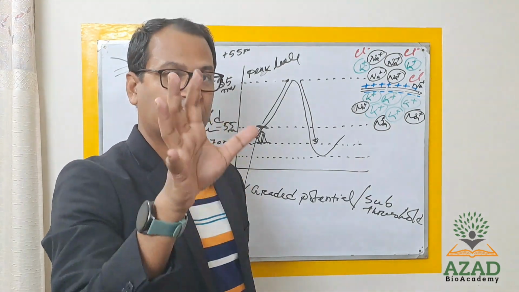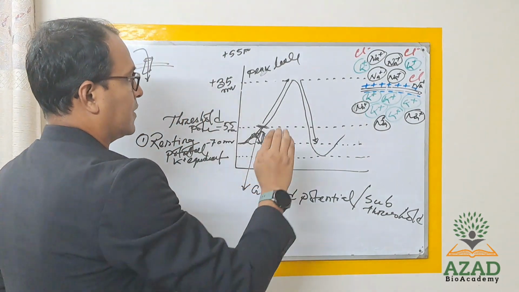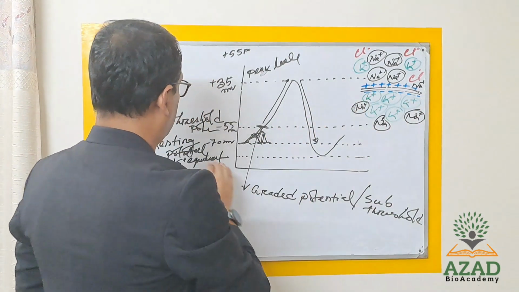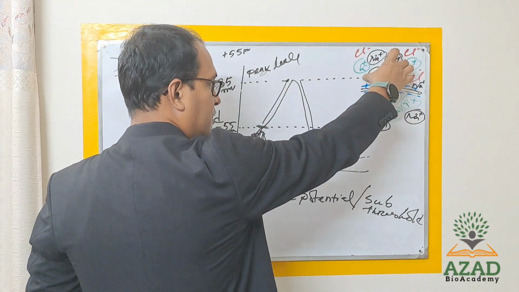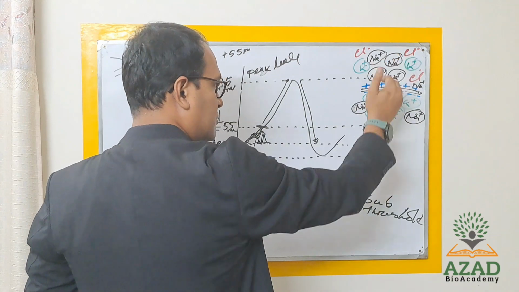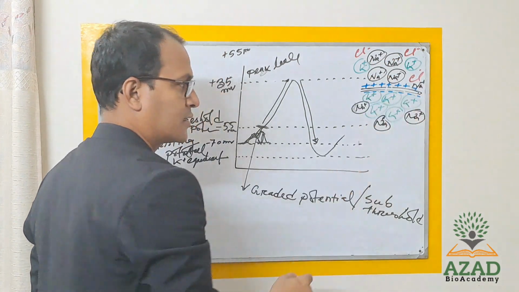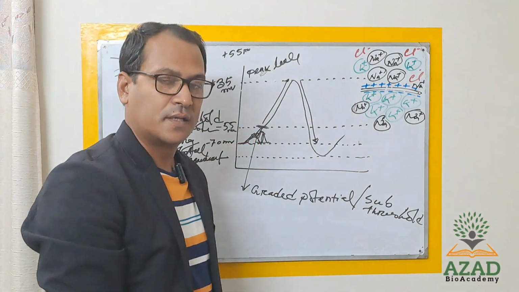So in the resting state, outside of the cell sodium is very rich, the number of sodium is much higher than inside, and the electrical intensity outside of the cell is positive and inside the cell is negative.